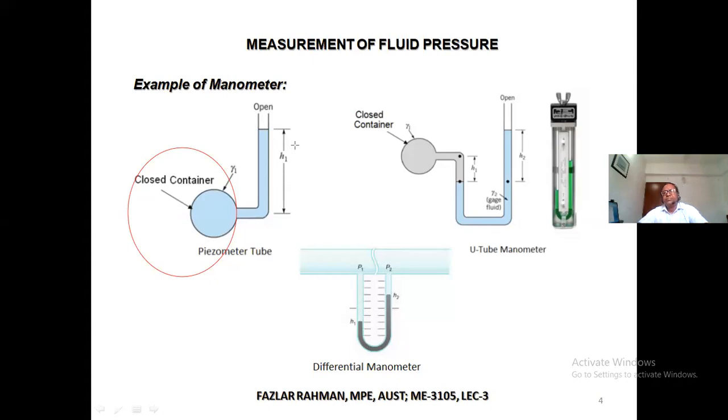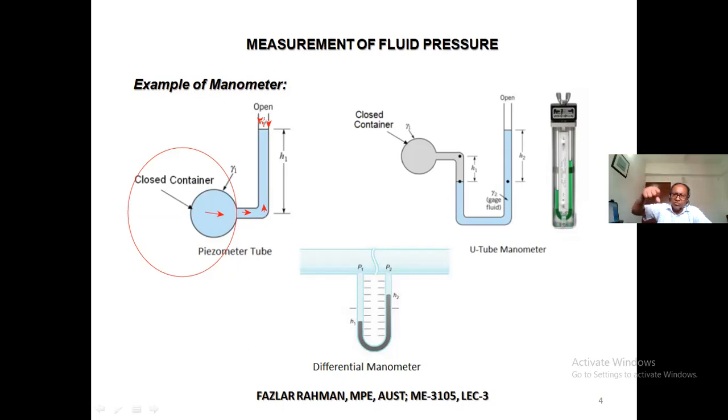Anyone? Because you see, how much is the pressure right over here? Atmospheric pressure, right? Working on the top surface. What is it trying to do? It tries to push the liquid down. And the pressure inside the container, there is some pressure. It will try to push the liquid up. But if atmospheric pressure is too high, then what will happen?